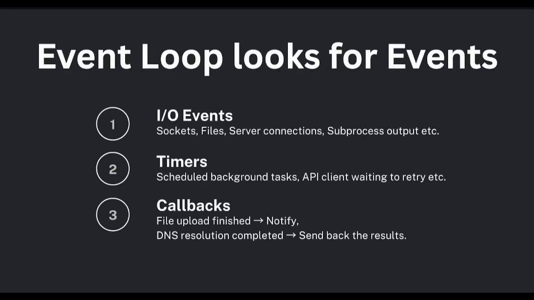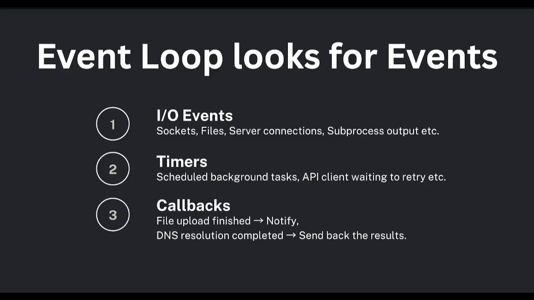One last thing, the event loop constantly waits for the events and it adds corresponding coroutines to the ready queue. Which events does it look for? The first type of events are IO events, such as a socket is now ready to read or write, a file descriptor has data available, a subprocess has output ready, or the server got a new connection.